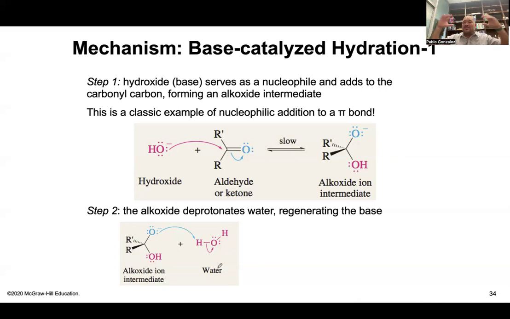You have thousands and thousands of molecules, especially water, which is the solvent. You have millions of those molecules in there. So one of them is going to attack in here. You're going to have another one available in here to remove that hydrogen and create OH, protonating that alkoxide to create a diol on that side. So we're going to have the geminal diol, and also the hydroxide that we can use eventually to attack another molecule of the aldehyde or the ketone. So that's how we produce the geminal diol in basic conditions, or with a basic catalyst.